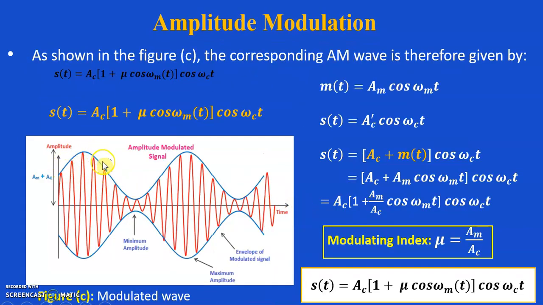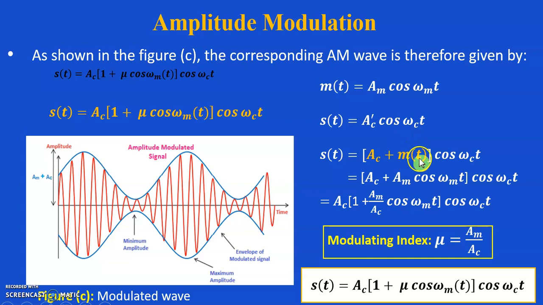So the information is buried in the envelope of the modulated wave. And as we said, the carrier signal has no information. So here S of t, the modulated wave, will be equal to (AC plus m of t) into cosine omega ct.